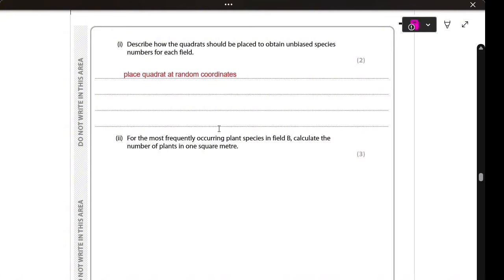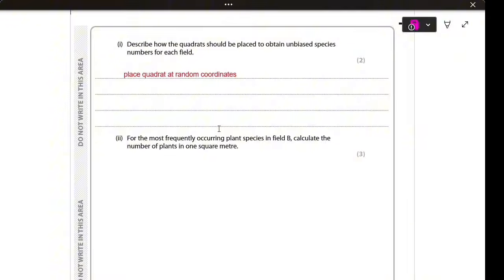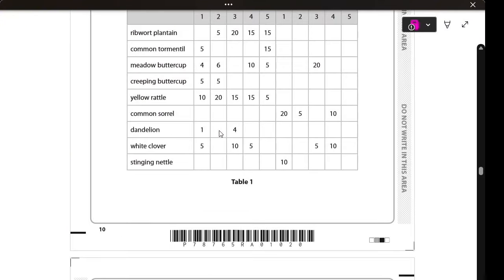For the most frequently occurring plant species in field B, calculate the number of plants in 1 square meter. So we have to find the most frequently occurring species, and that too in 1 square meter area. Let's see the table.